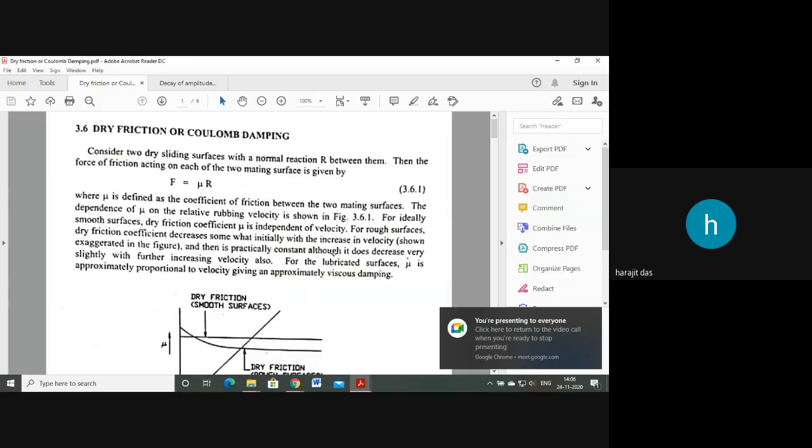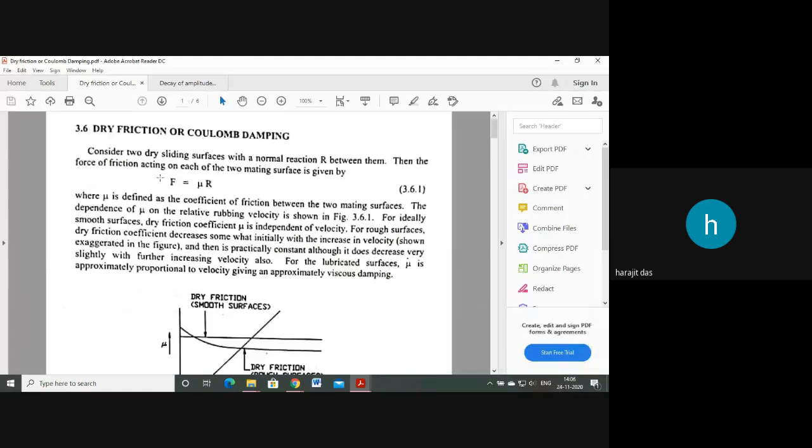So all of us know this basic expression of frictional force. If two dry sliding surfaces are there where the normal reaction is R, then the frictional force between these two mating surfaces is given by capital F, that is, frictional force equals mu into R. Here mu is the coefficient of friction and R is the normal force.